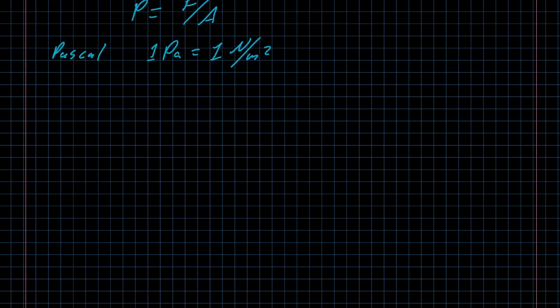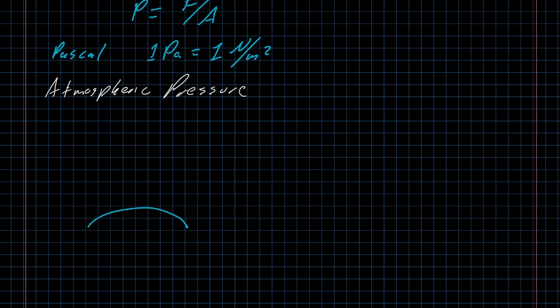All right. The most common form of pressure that we deal with is atmospheric pressure. We don't tend to think of it this way, but air is matter. And if air is matter, then it has mass. And if it has mass, then it has weight.